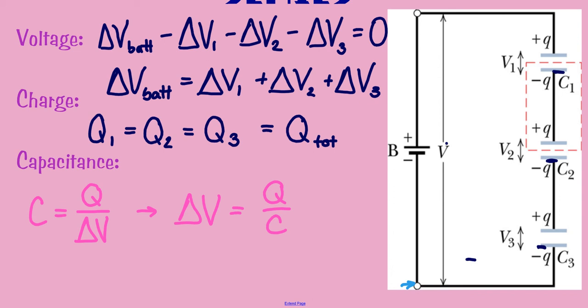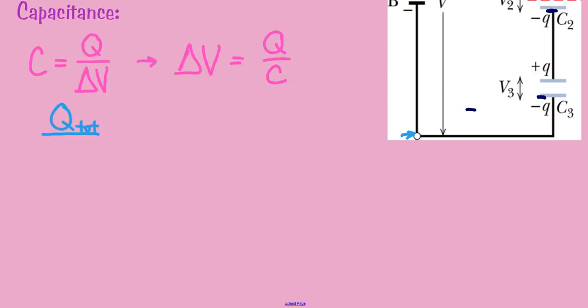That means the delta V of the battery would be the total charge divided by the total, or equivalent, capacitance.